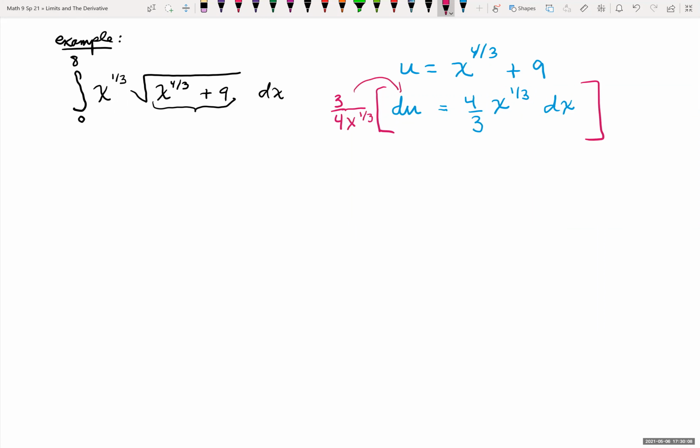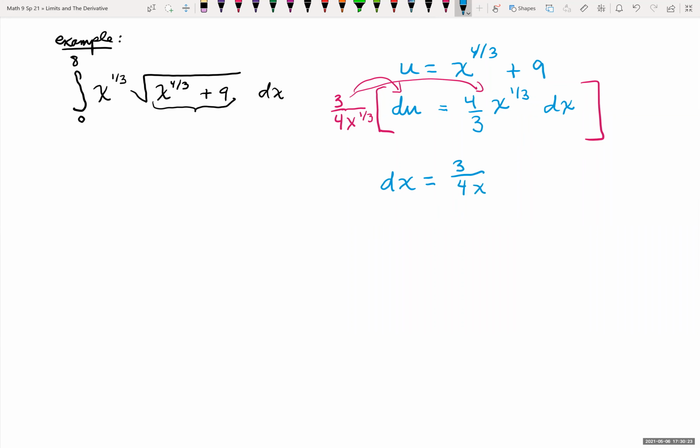So we get that our dx, because that's going to cancel, is equal to 3/4, and then x to the 1/3. Which I see, I have x to the 1/3 in my numerator here, so things are going to cancel out like I wanted them to.